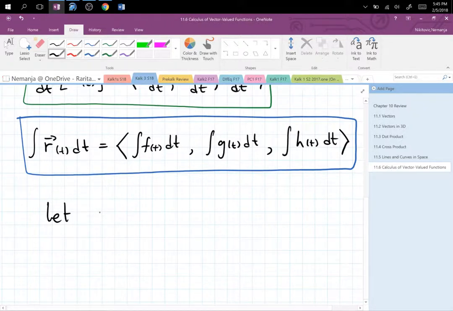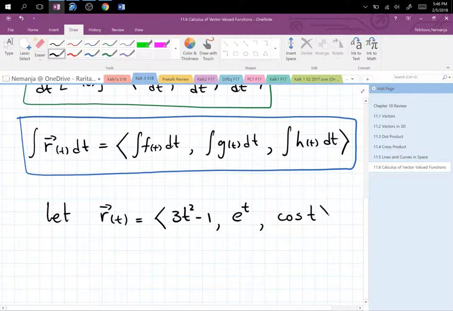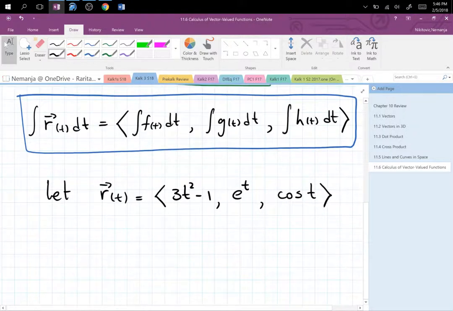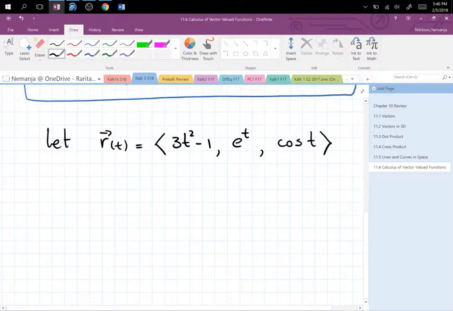All right, so I'll let r of t be given as 3t squared minus 1, e to the t, and cosine t. Get all three.